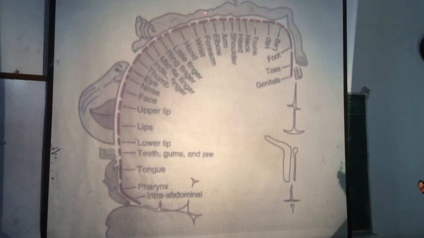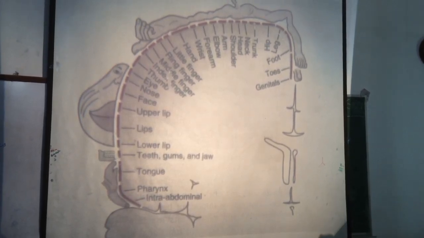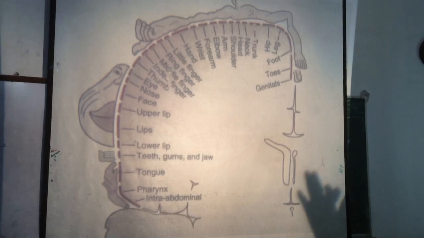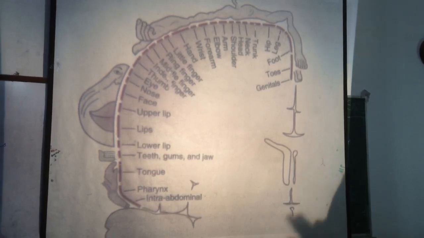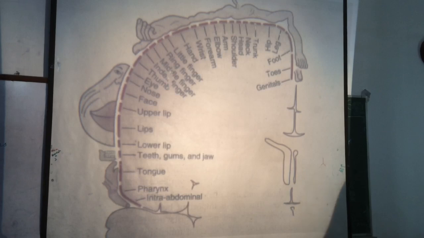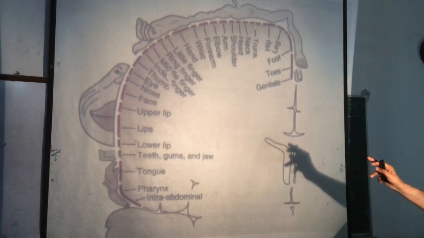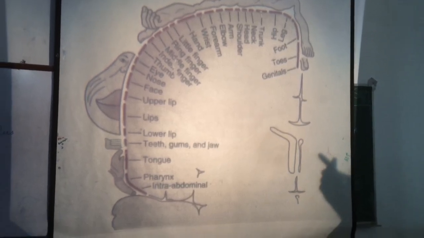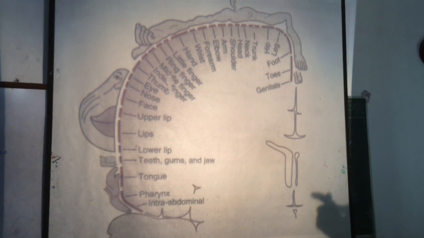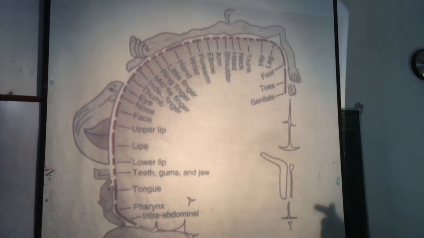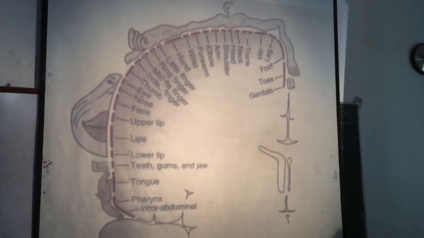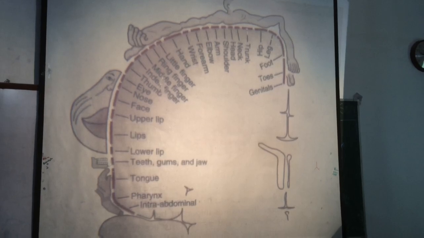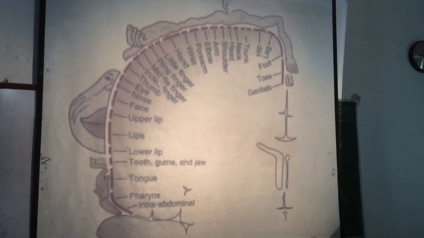The motor homunculus is the mirror image of the sensory homunculus. Our sensory homunculus is in the postcentral gyrus, that is somatic sensory area 1, while the motor homunculus is in the precentral gyrus, that is the primary motor area.